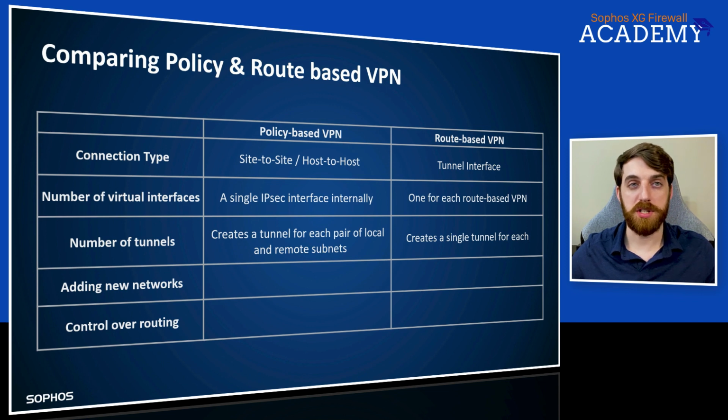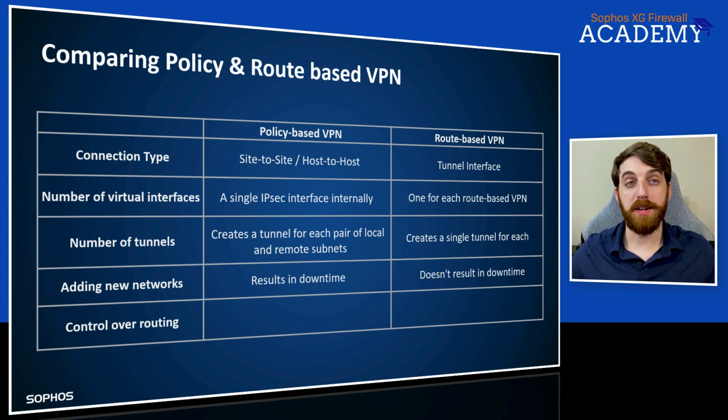Those security associations each have their own tunnels inside of the main phase 1 tunnel. This causes a little bit more overhead and utilizes more resources, whereas route-based creates one single tunnel for the entire routed network. So depending on your situation, you may want to choose route-based over policy-based based off of this information.